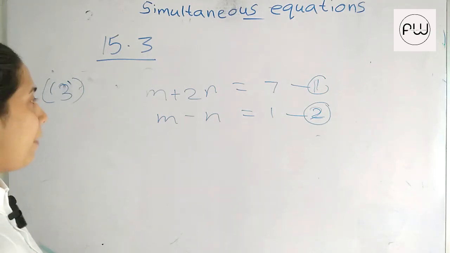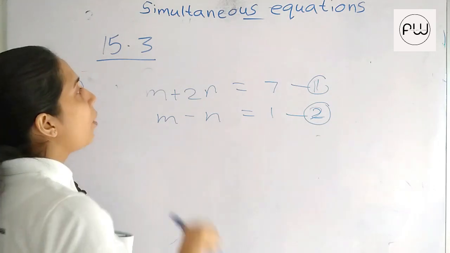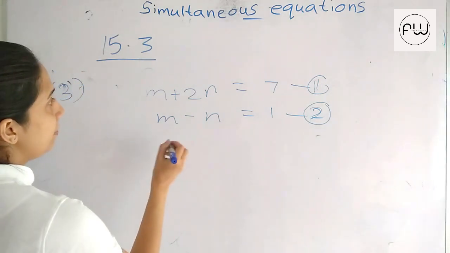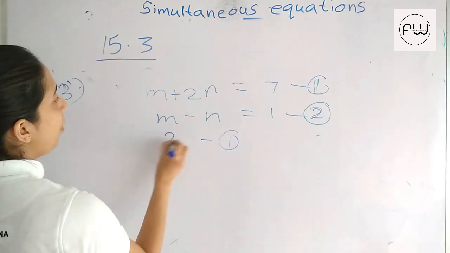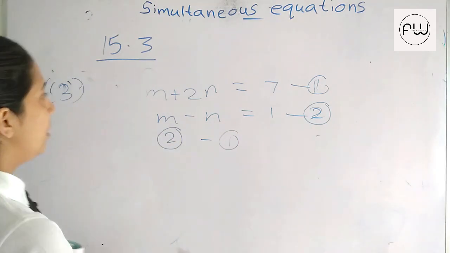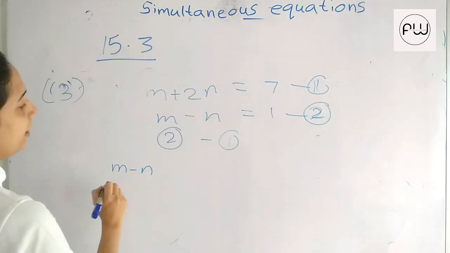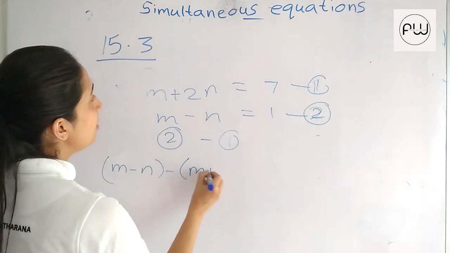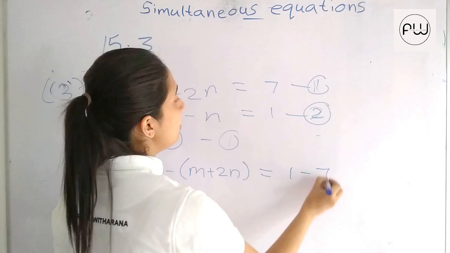Then what can we do? We can subtract one equation from the other one. Right, so here I am subtracting the first equation from the second one. Then the second equation is m minus n, subtract the first one, m plus 2n, equal 1 minus 7.